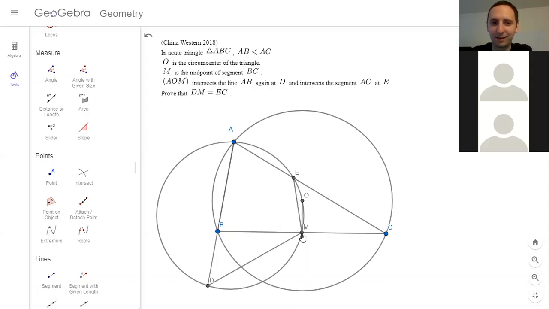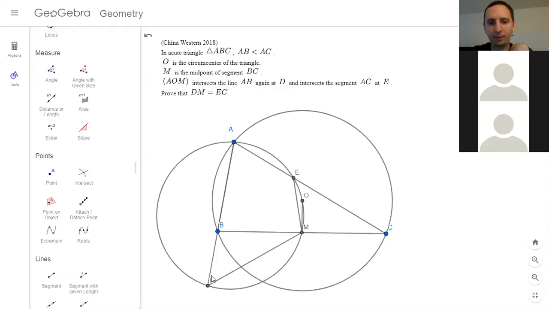Okay, so BM is equal to MC. And then, is it obvious angle, let's see. BM is equal to MC. And maybe it's like angle side angle.